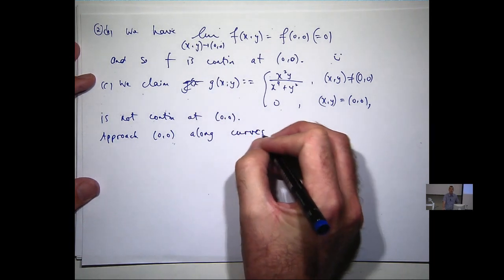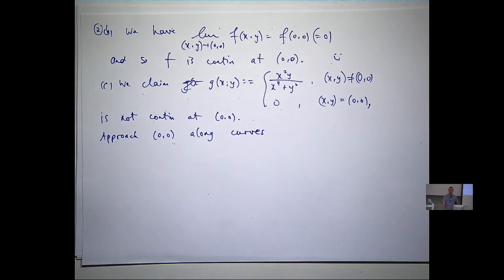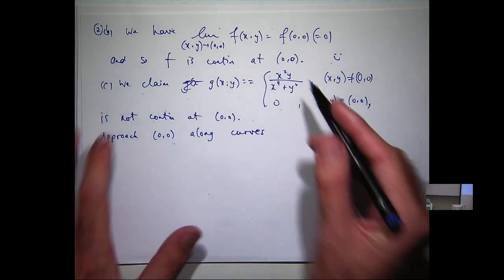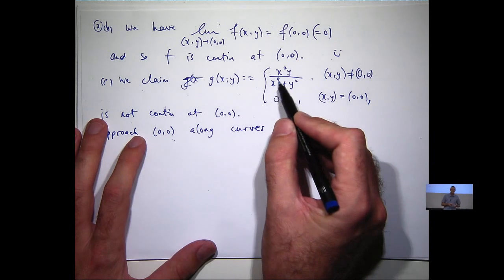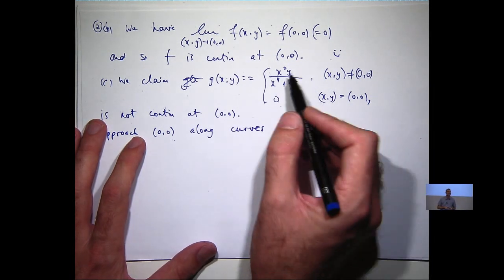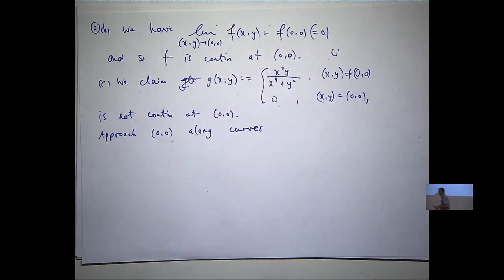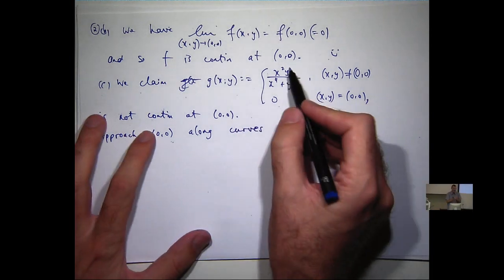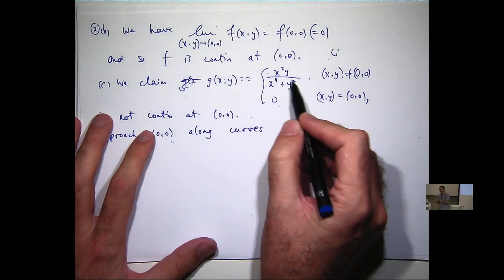Now, the one thing with the two-path test is how do you choose the curves? Well, let's look at our function. I've got x squared y, x to the fourth, y squared. What you want to do is choose your curve, be it a line or a parabola or something else, so that you get the same powers up here as you do down here.